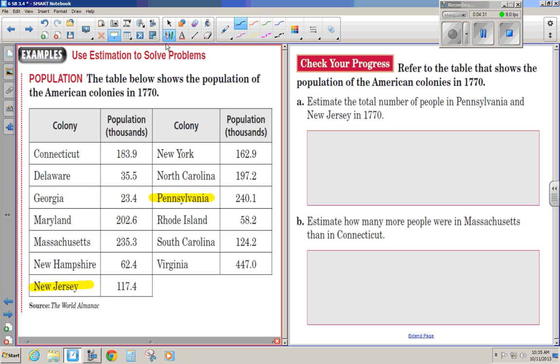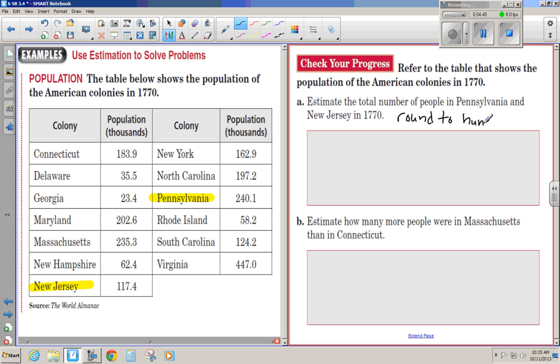All right, let's look at those numbers first. We should probably round these to the hundred digit. 240.1 gets rounded to 200.